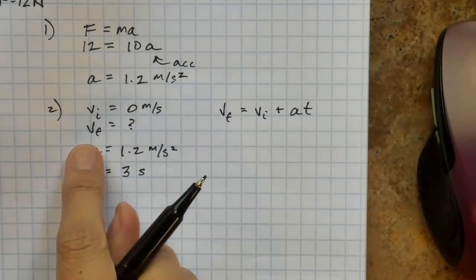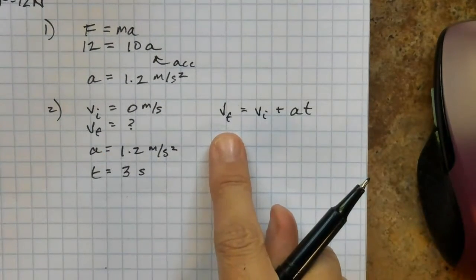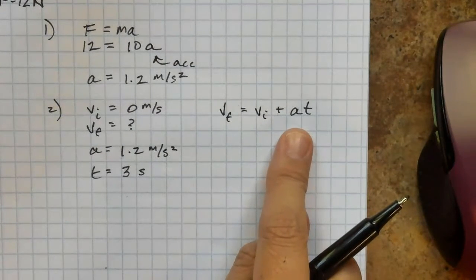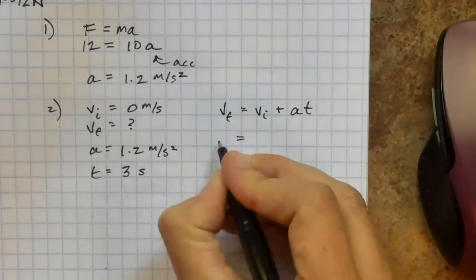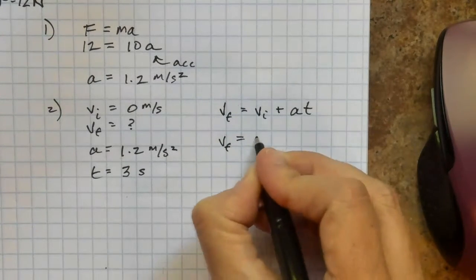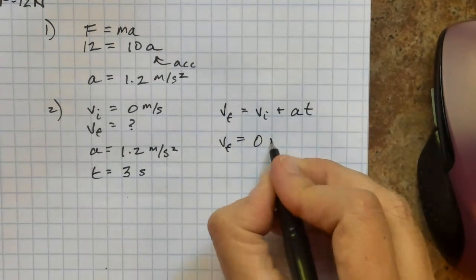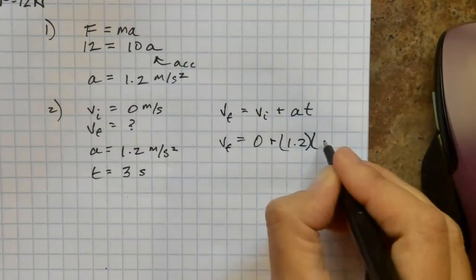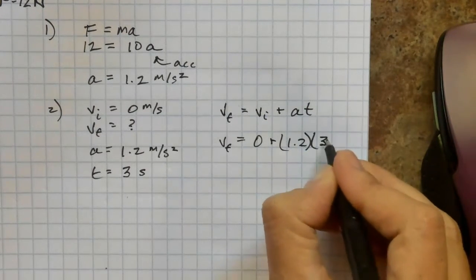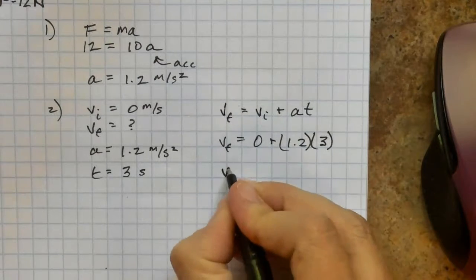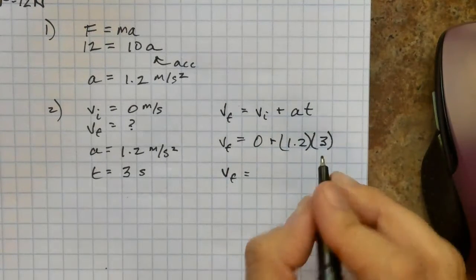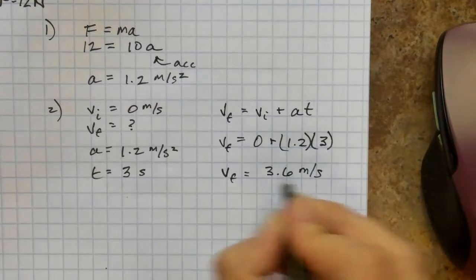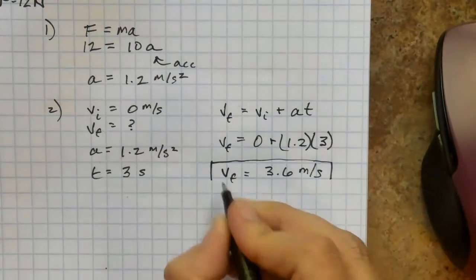So to solve for the final velocity, we're going to use the equation that the final velocity equals the initial velocity plus acceleration times time. The initial velocity is 0, the acceleration is 1.2 meters per second squared, the time is 3 seconds. So 1.2 times 3 is 3.6 meters per second.